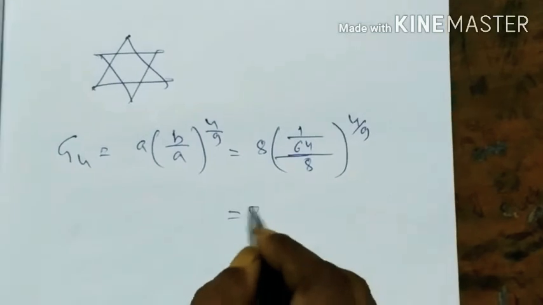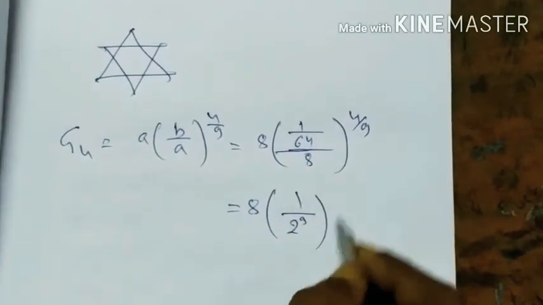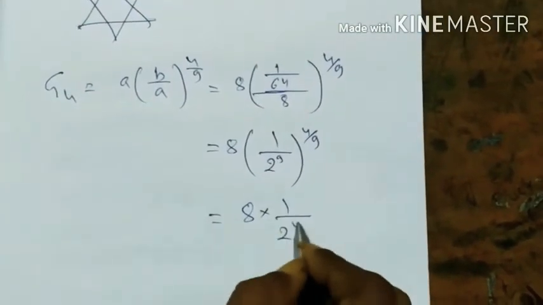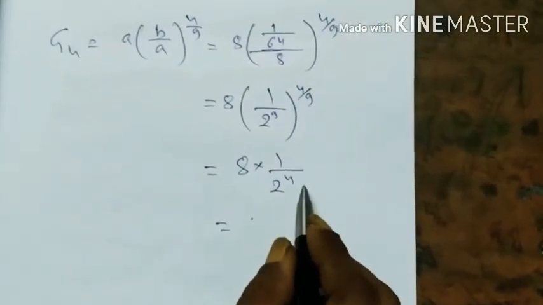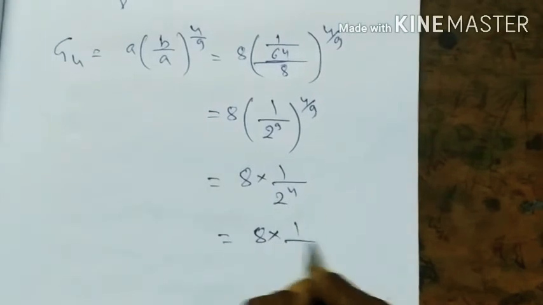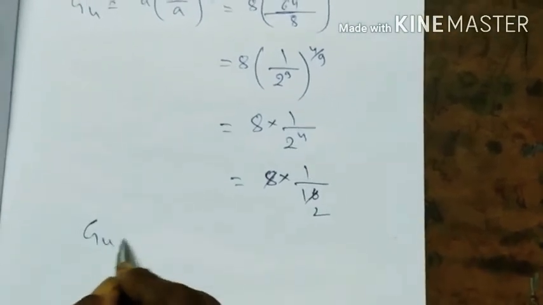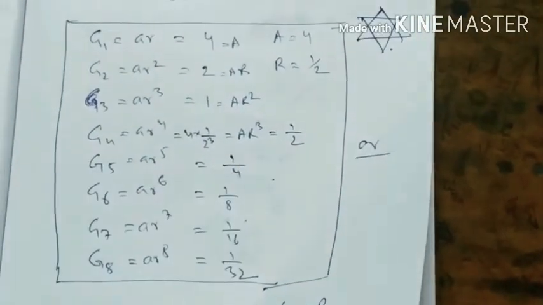So this comes out to be 8 into 1 by 2 to the power of 9, to the power of 4 by 9. 9 cancels out. 8 into 1 by 2 to the power of 4. 2 to the power of 4 is 16. 8 into 1 by 16, so G4 comes to be 1 by 2. See, G4 is 1 by 2.